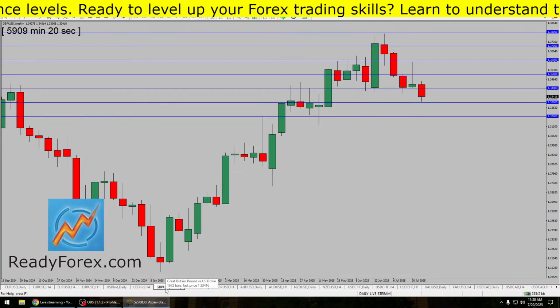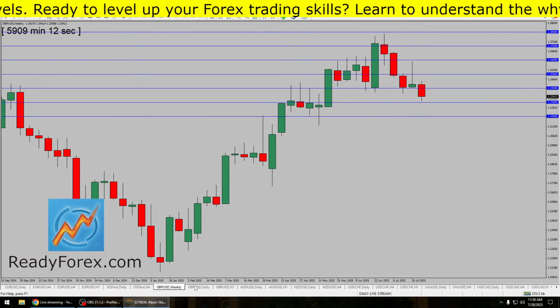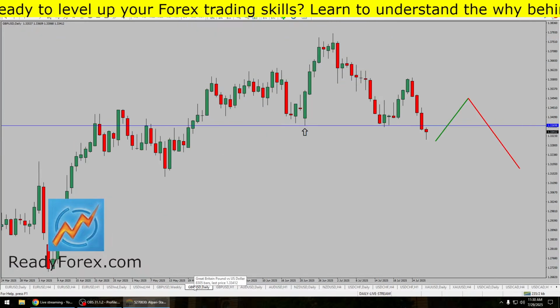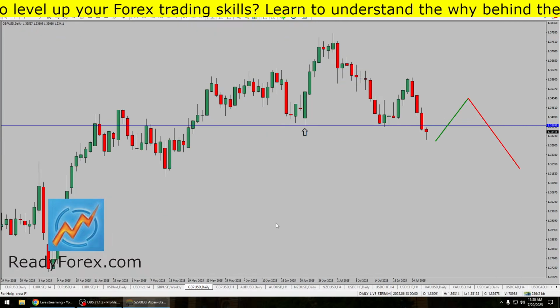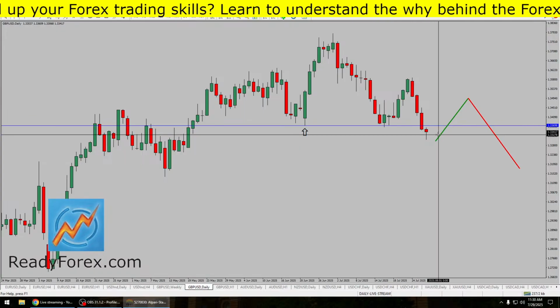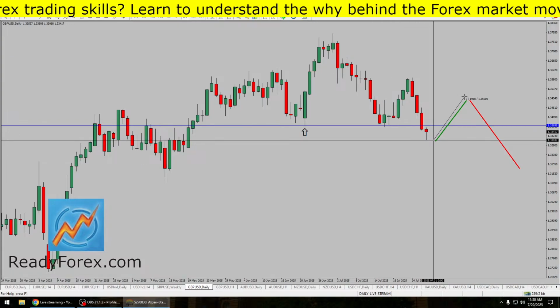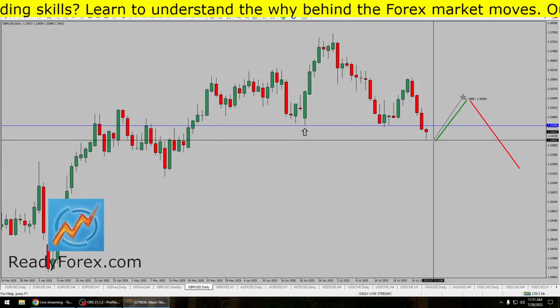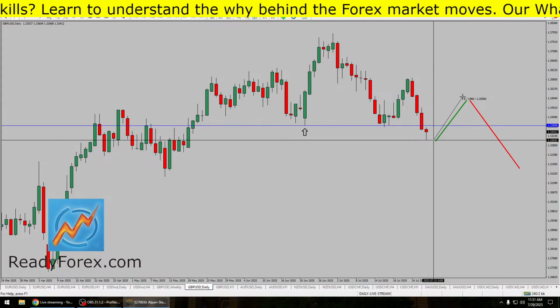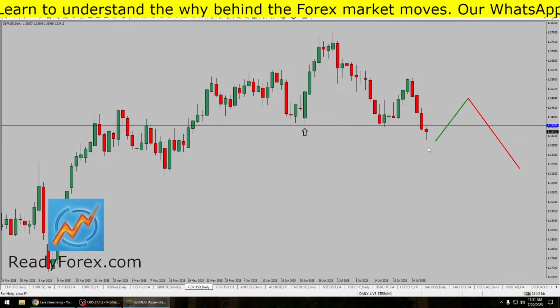Next let us take a look at GBPUSD. So GBPUSD is falling down, and I think it's going to stop this decline. So sooner or later expect a bullish leg over here. Probably tomorrow GBPUSD is going to rise up.